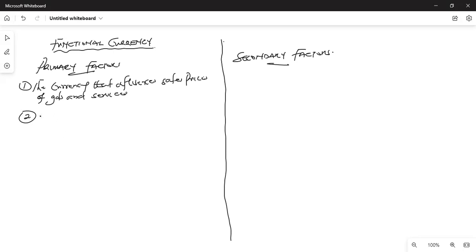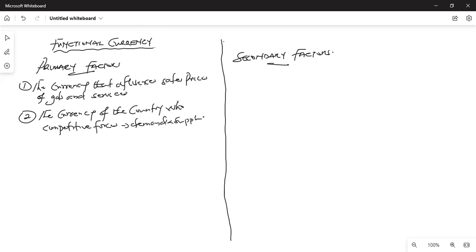So here we talk about the currency of the country whose competitive forces, and when we say competitive forces, we are talking about the demand and supply.